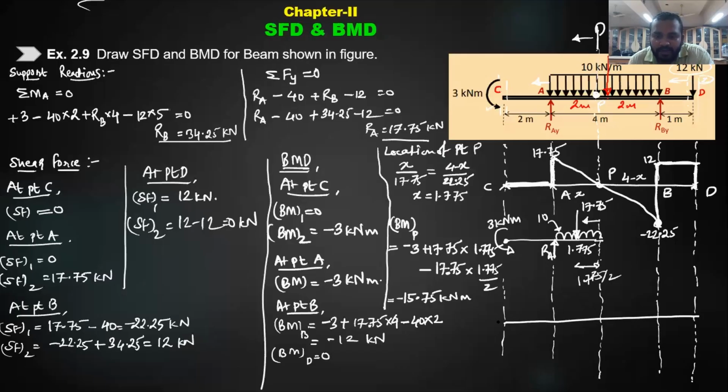हाँ तो बेंडिंग मोमेंट के लिए C पॉइंट था, A पॉइंट है, B पॉइंट है. This is P, this is B and this is D. पॉइंट C पे तो वो 0 था, तो we can directly consider this as 0.